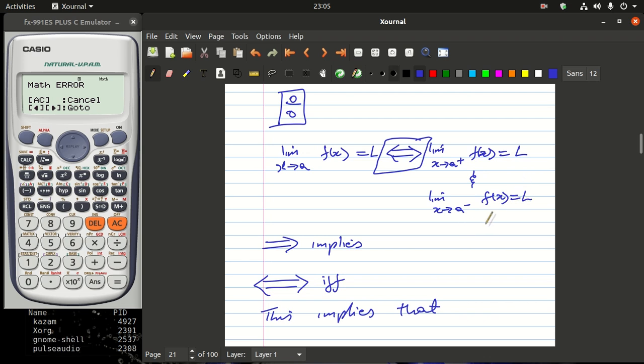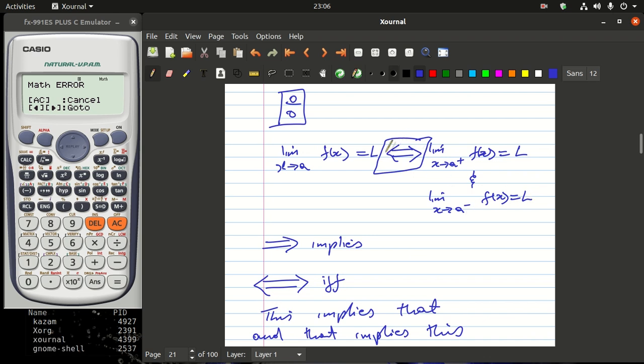And that implies this. So if the limit of this function as x approaches a is equal to 5, the limit on the right of this point must be equal to 5, and the limit on the left at this point must be equal to 5.